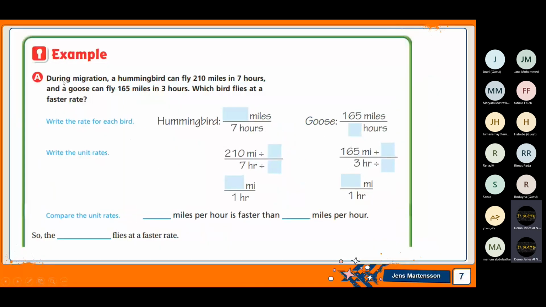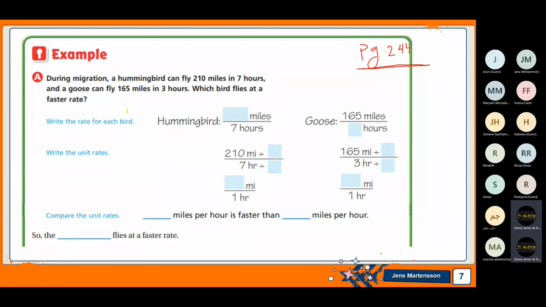Now, page 244. During migration, a hummingbird can fly 210 miles in 7 hours. Here, what do we have?